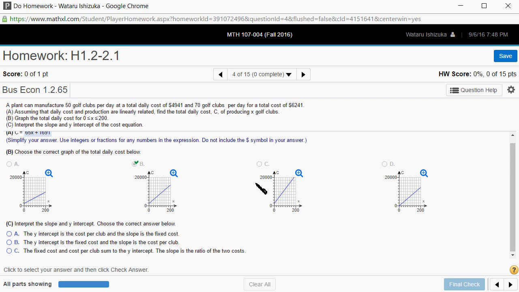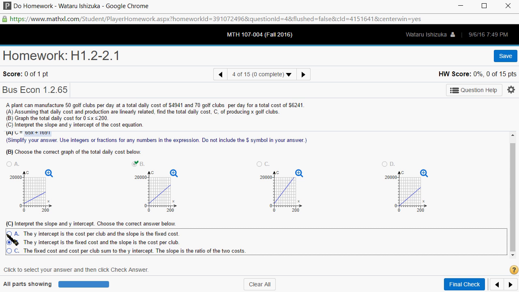All right, part C, interpret the slope and the y-intercept. Choose the correct answer below. All right, y-intercept is really a c-intercept. Is the cost per club? No, so A is not the correct answer. B, y-intercept is the fixed cost, and the slope is the cost per club, so it's a variable cost, so that sounds good.